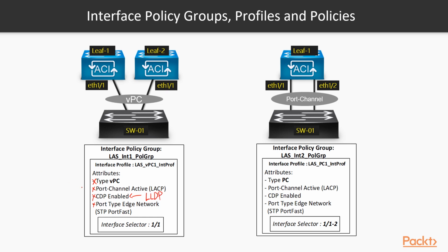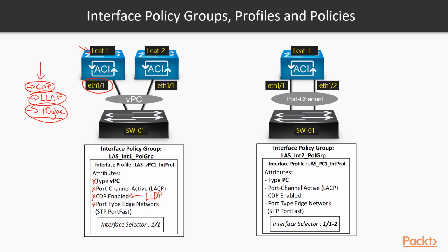We can say, well, this interface, Ethernet 1/1 on Leaf 1, will have CDP enabled. We'll also have LLDP, and it's going to run at 10 gigabits per second. So we can hard code the speed on a particular interface. Those attributes that you see right here are called interface policies.